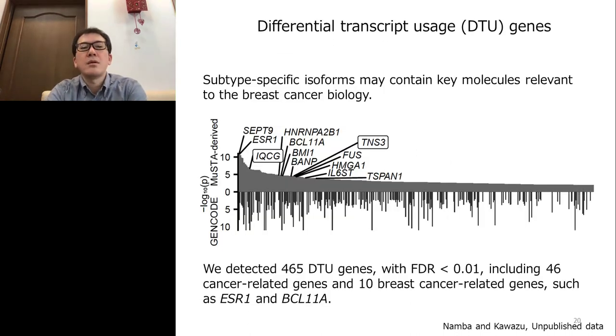So, assuming that subtype-specific isoforms may contain key molecules relevant to breast cancer biology, we tried to detect differential transcript usage genes, genes that use transcripts differentially between subtypes. And indeed, we detected 455 DTU genes, including 46 cancer-related genes and 10 breast cancer-related genes, such as ESR1 and BCL11A.